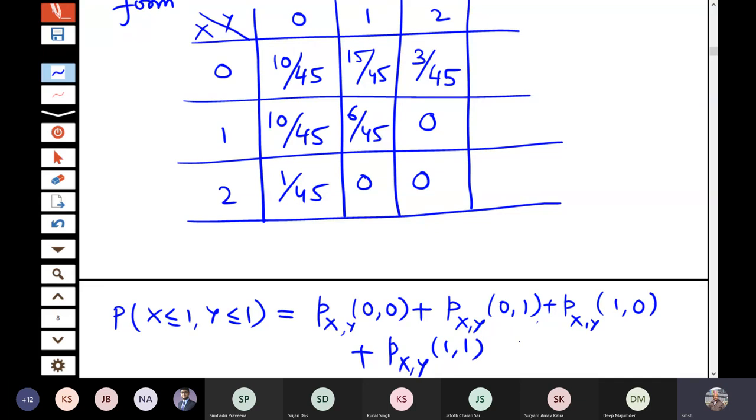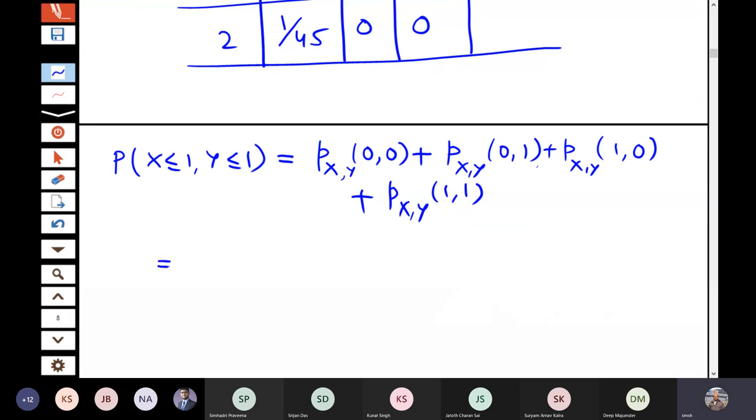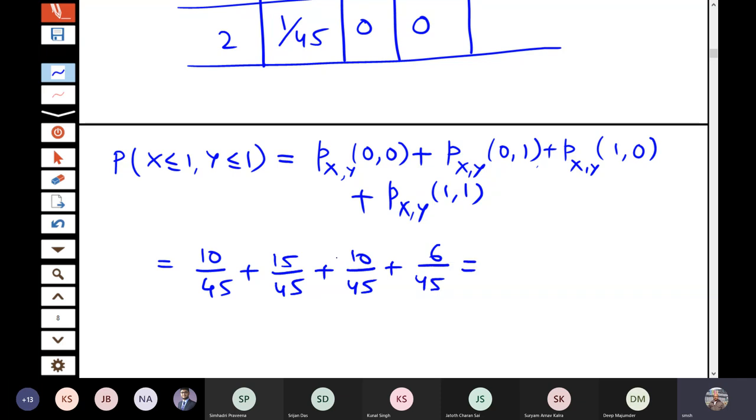So this is equal to 10 by 45 plus 15 by 45 plus 10 by 45 plus 6 by 45, so that is equal to 41 by 45. So you can calculate any probabilities related to the joint distribution.